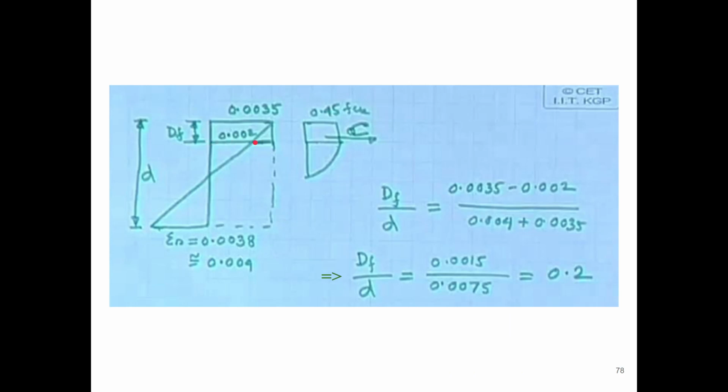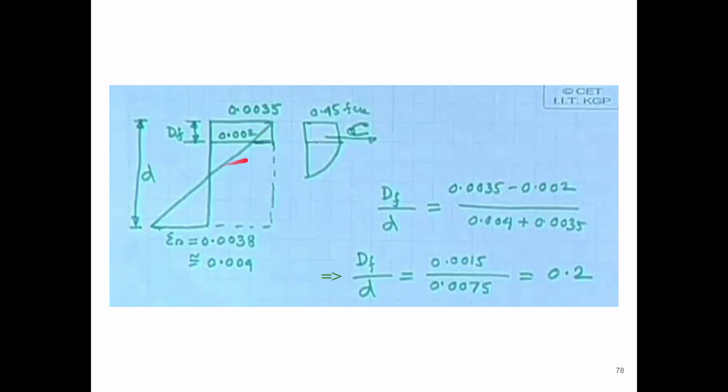Because after 0.002 from the concrete diagram we find that the stress is constant, more than that it is constant, less than that it takes the shape of a parabola. So to ensure that the depth of flange is uniformly stressed, it should be less than or equal to 0.002.